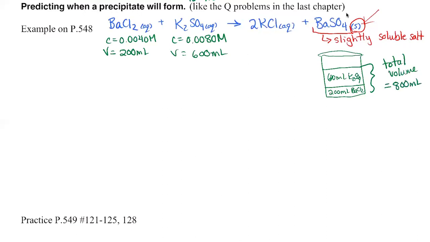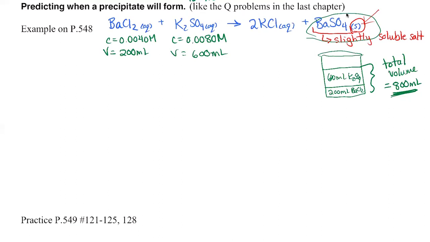So we pour in one, we pour in the other, and we mix them together. We're going to have this big soup of ions, and we're going to see whether a precipitate is going to form or not. We need this total volume at the end because we're going to be using the dilution equation, C1V1 equals C2V2, to determine the concentration of the ions that are making up this barium sulfate, to see if they'll be soluble or not.